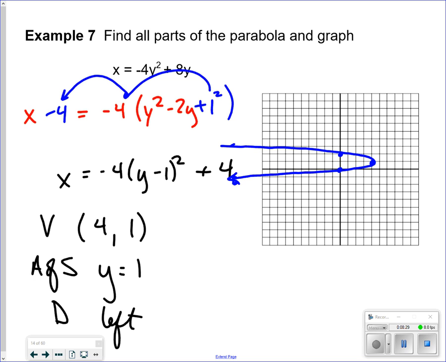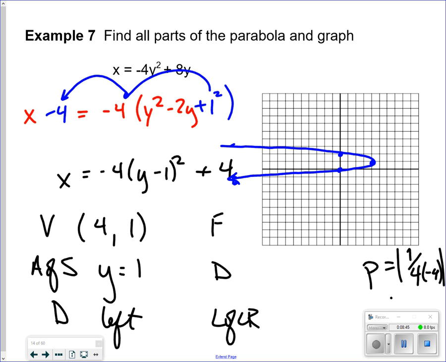Now for the 3 questions that you need P for, you need the focus, directrix, and length of latus rectum. P is 1 over 4a, and remember it's the absolute value of that, so the P is 1/16.